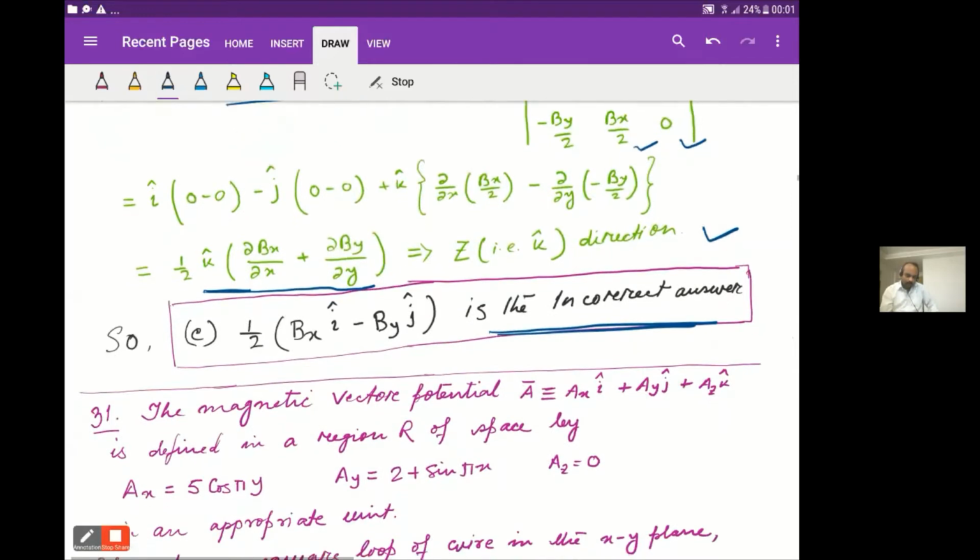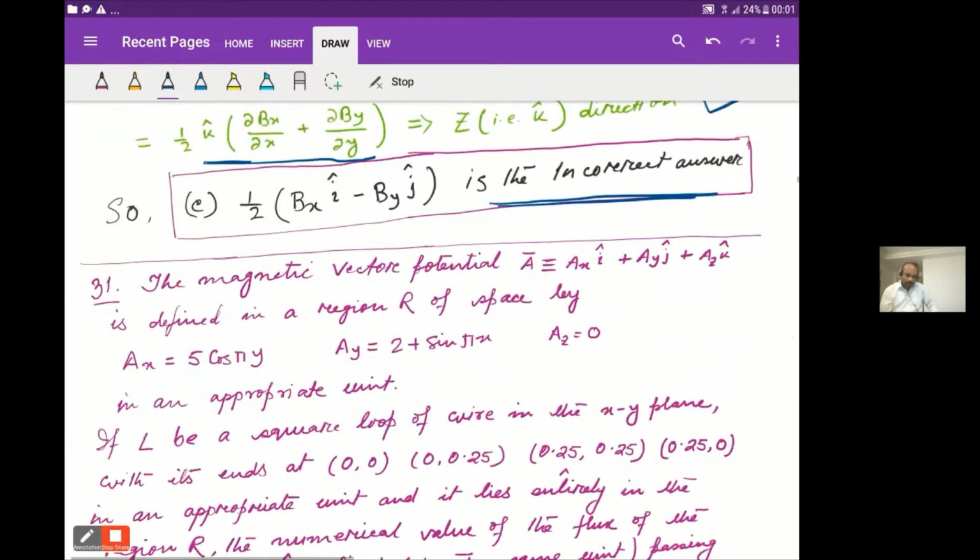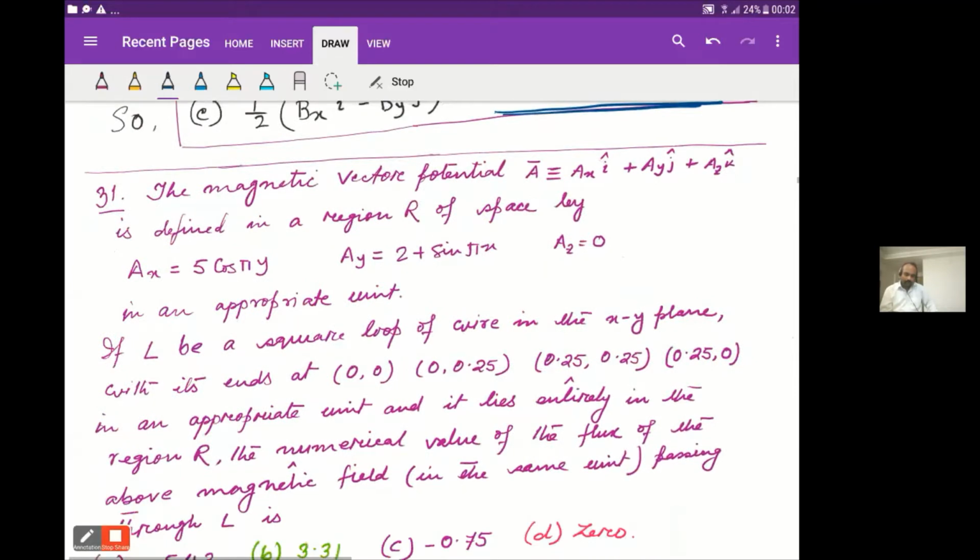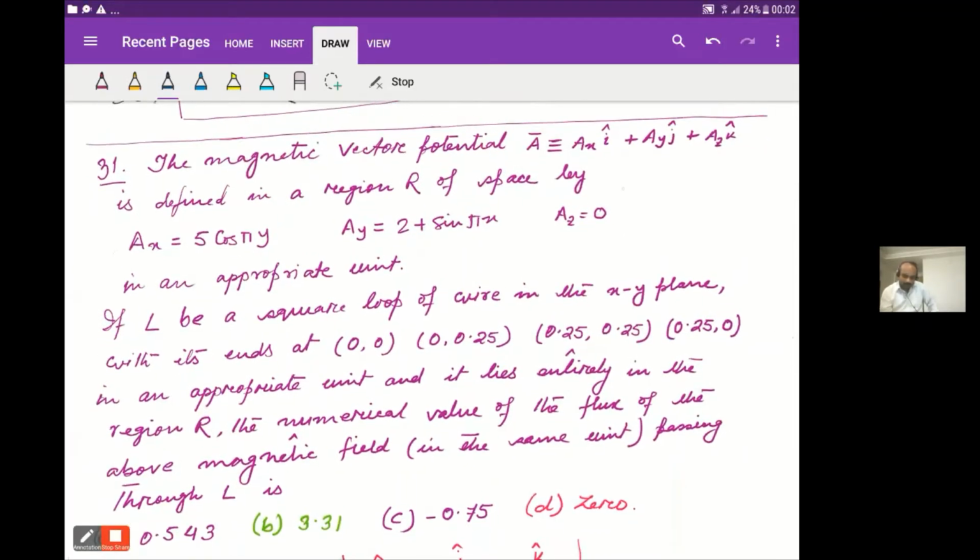Then we'll move to problem number 31. The magnetic vector potential A, which is given as Ax i cap plus Ay j cap plus Az k cap, is defined in a region R of space by the components Ax is 5 cos pi y, Ay is 2 plus sine pi x, and the Z or k component is 0 in appropriate units.